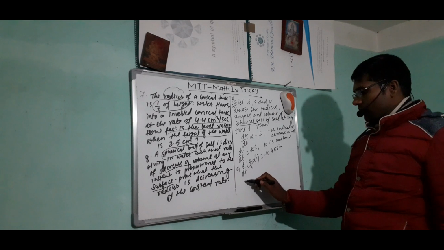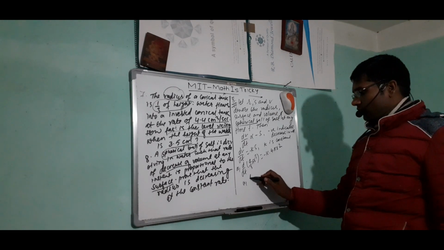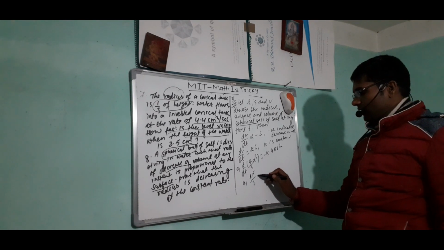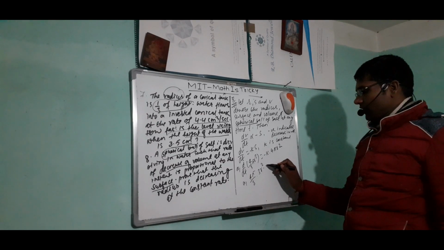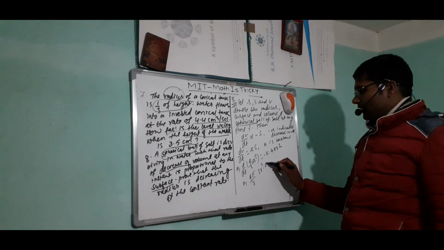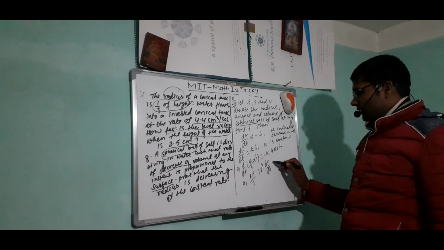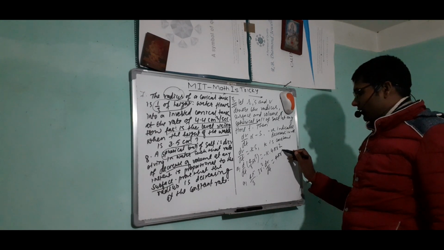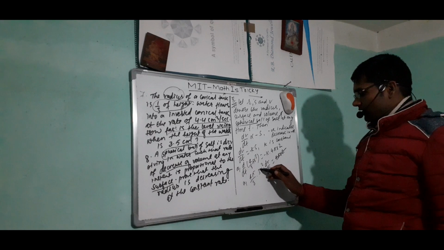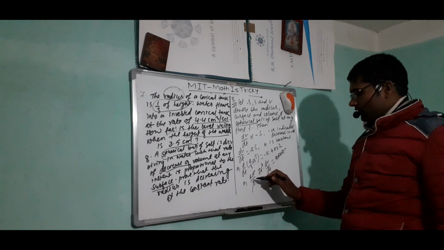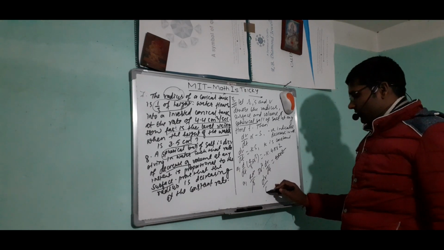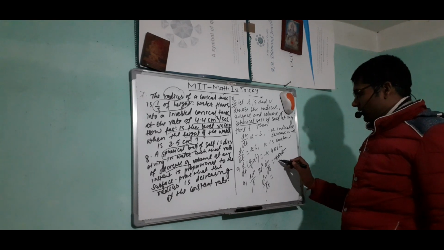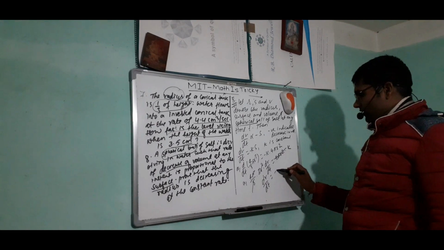If you differentiate this, you will get 4 pi by 3 r square into dr by dt equals minus k into 4 pi r square. You can check, this 4 pi r square cancels. So dr by dt is simply minus k.